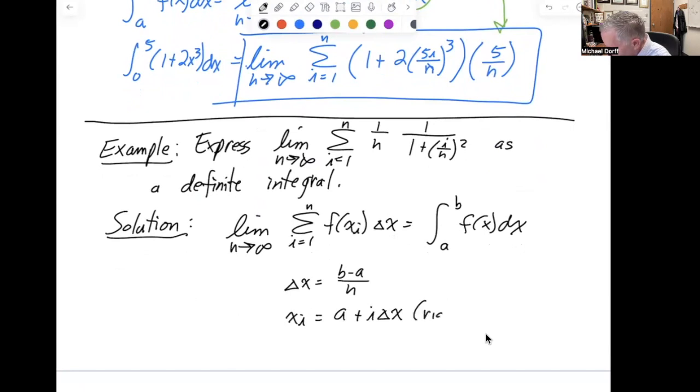And just to reemphasize, when I do a plus i delta x, that means I'm doing the right endpoints.